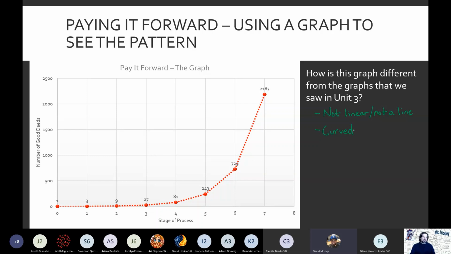And actually in mathematics, we refer to things like this as curves, because it is not a line. It has a bend to it. There's many different functions that are curves. This is the first one that we're seeing in this class. So this is an exponential curve.